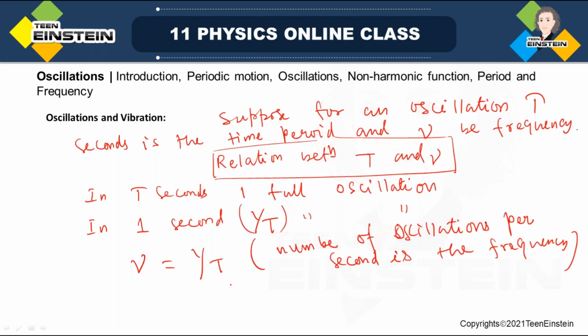So frequency and time period are reciprocal of each other.